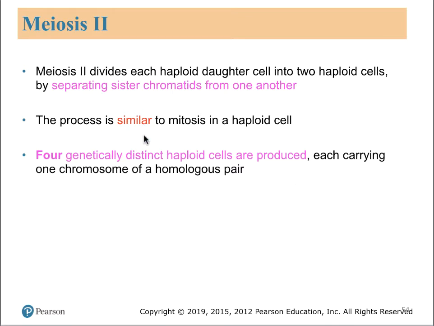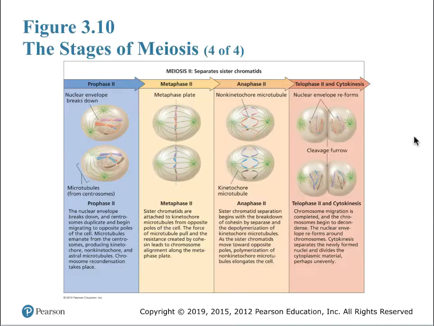And because of the process of crossing over and other things that we haven't really considered, the 4 daughter cells that will be generated overall will be genetically distinct and haploid. In many ways, meiosis II has resemblance to mitosis. Please study these panels to get a full indication of what happens during each phase.